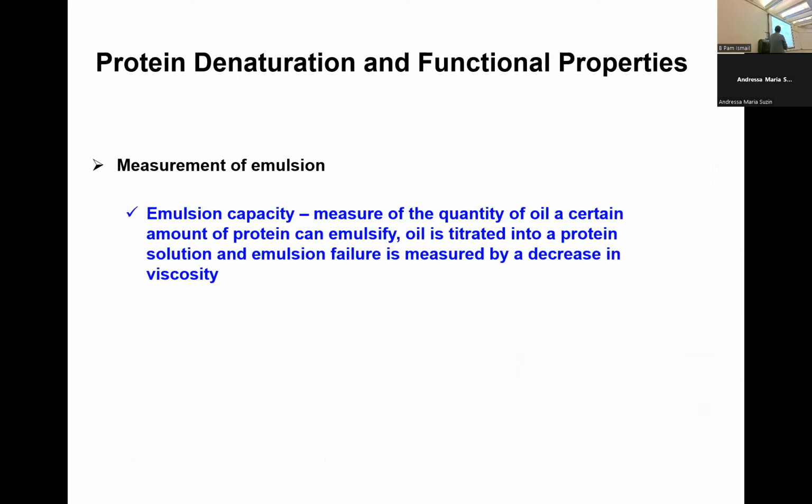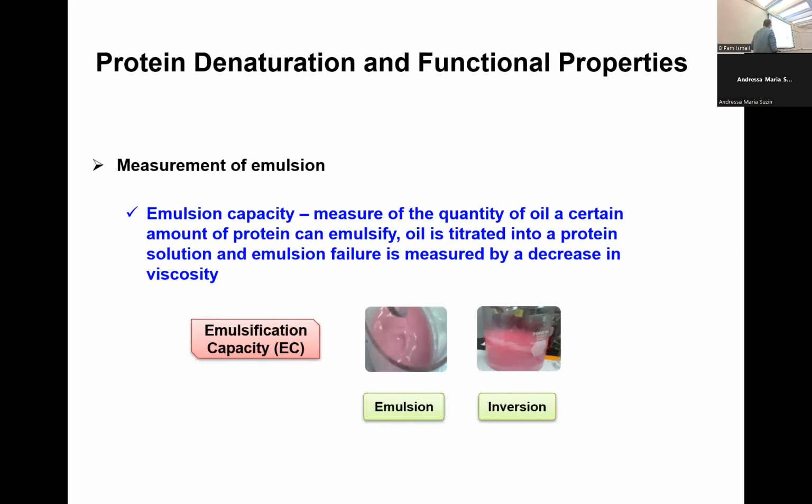So many of you are familiar already with emulsification capacity. It measures the amount of oil that can be emulsified by a gram of protein. The way you do it in the lab is you titrate oil at a specific speed as you are homogenizing your protein solution. The emulsion is formed, a thick emulsion, hopefully, though not all proteins form nice thick emulsions.